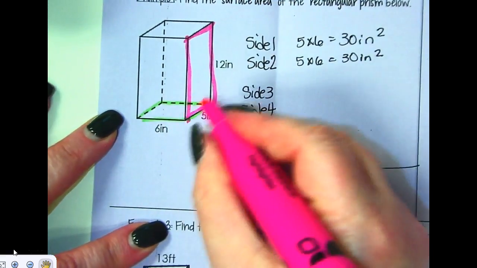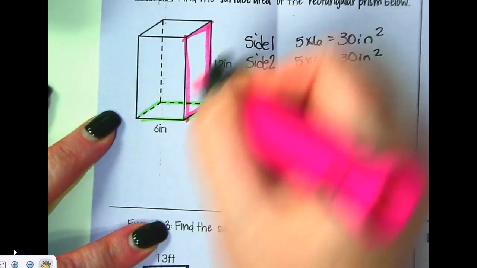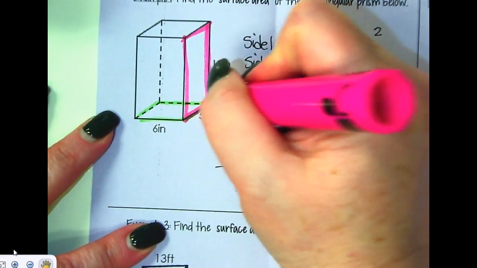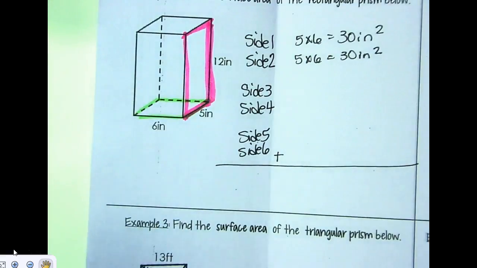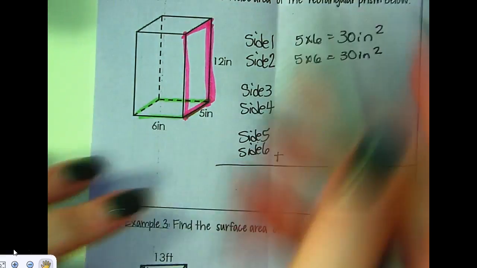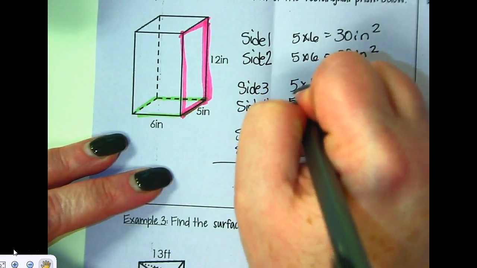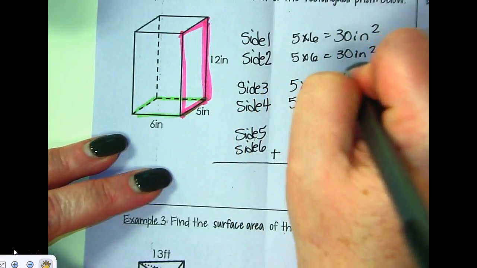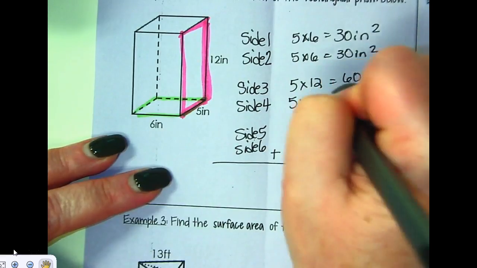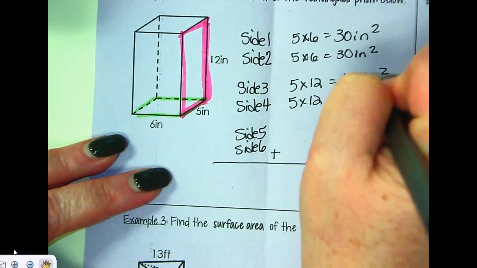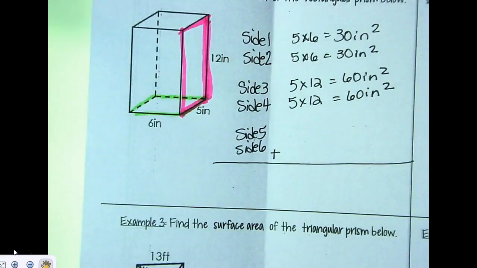All right, looking at this side, what are we going to multiply together for this side? The base is 5 and the height is 12. 5 times 12. Yep. 60 inches squared and 60 inches squared. Pick your third color.